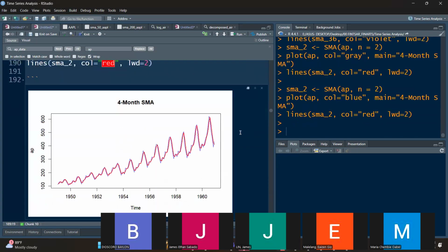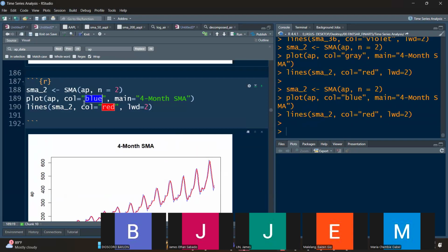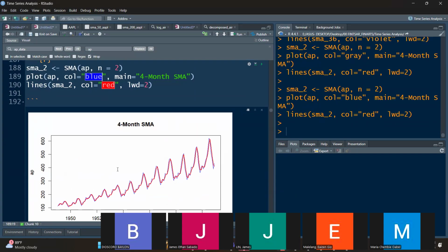All right, the original AP is colored blue. SMA2 is your red. You can see how your time series model SMA2 is practically mimicking your original data, AP.